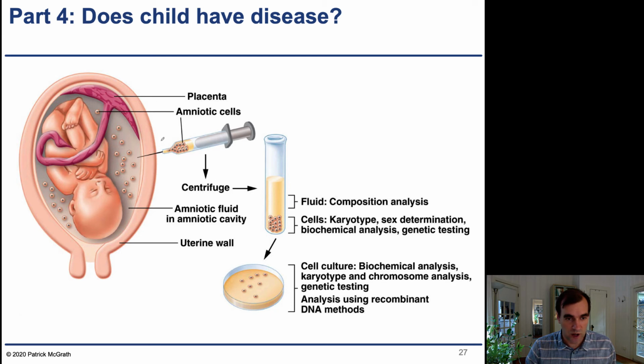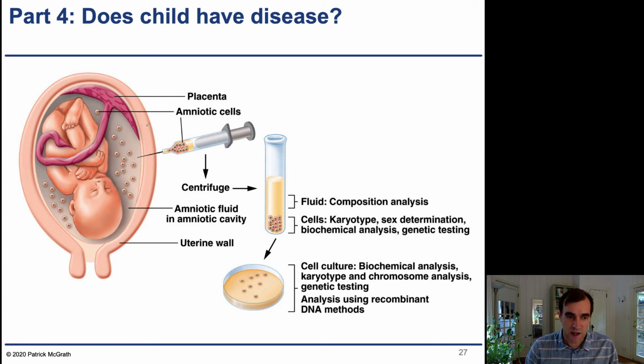One option is that you can selectively terminate a pregnancy that would result in an individual having this disease. After reproduction has occurred, you can get samples of the fetal DNA, either during an amniocentesis, or, as we discussed in Chapter 2, using DNA that's circulating in the maternal blood.